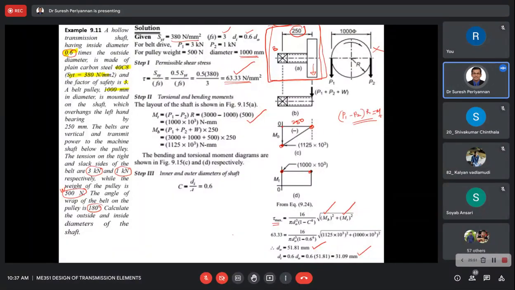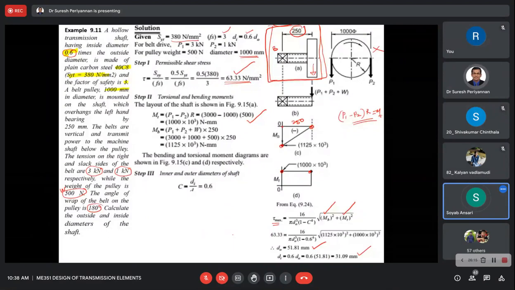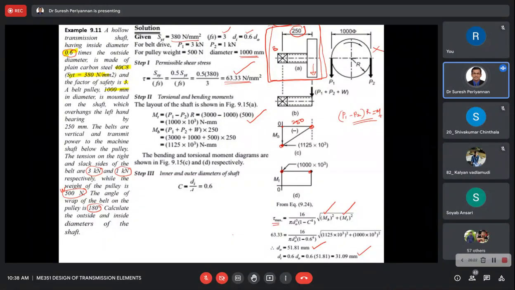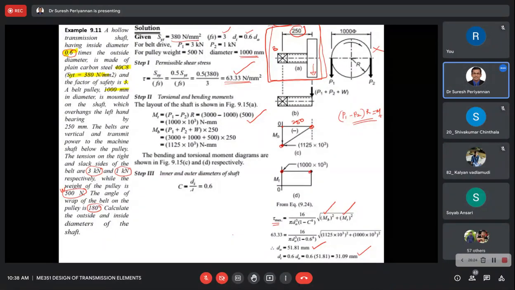Any other simple example? Have you seen bicycles? Yes, sir, the pedals. Where the pedals are connected to the shaft. Yes, yes.